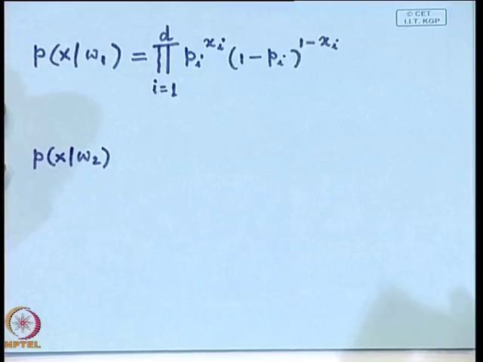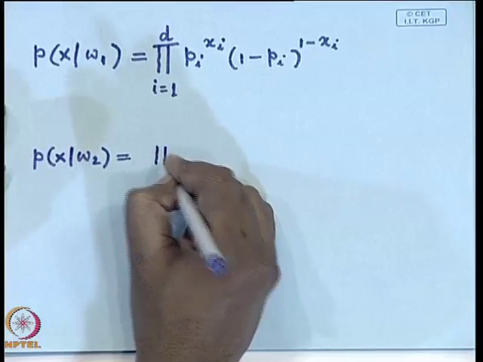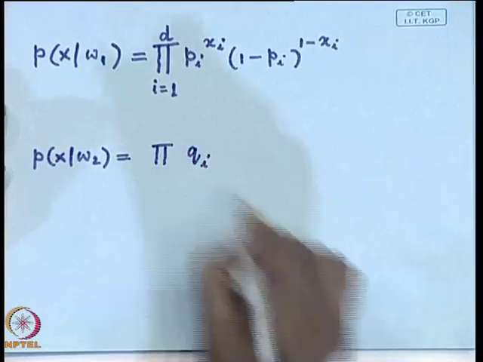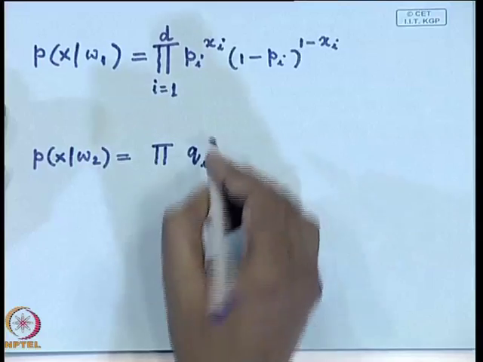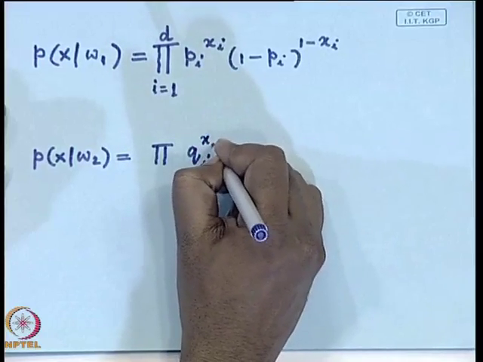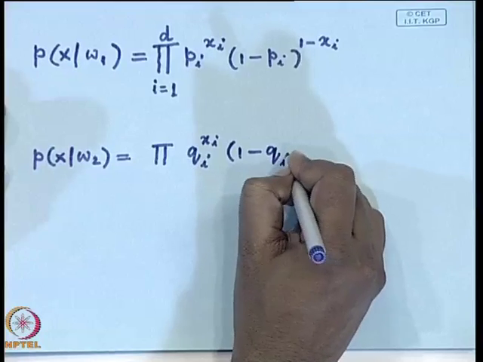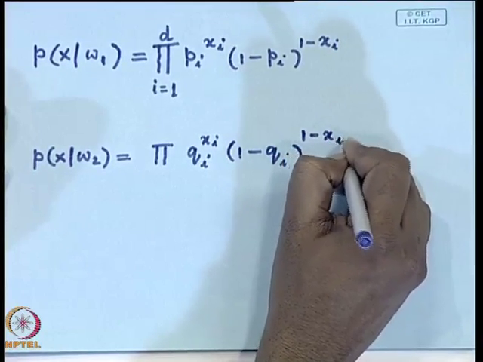that is the class conditional probability if the feature vector belongs to class omega 2, which is nothing but, now the probability of x i equal to 1 when the true state of nature is omega 2 is q i. So, I will have q i to the power x i into 1 minus q i to the power 1 minus x i.